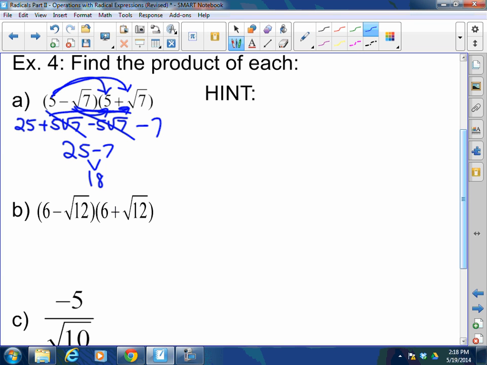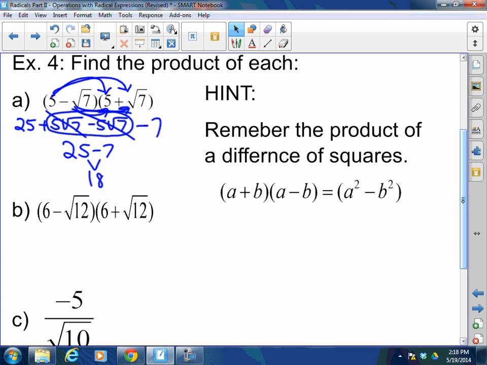See how these middle two cancel? These middle two will always cancel. Why? Because of the product of difference of squares: if I have a plus b times a minus b, it's the first term squared minus the second term squared.